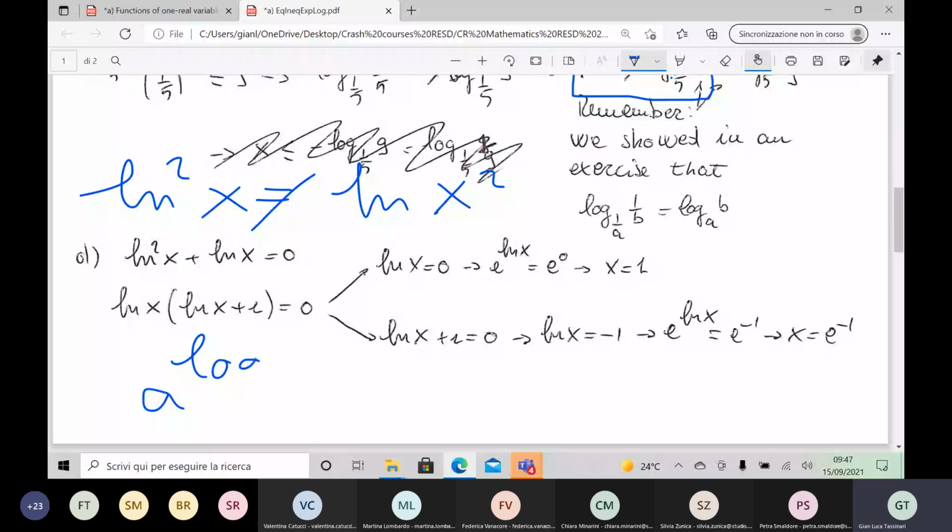So the trick is the following. When you have the logarithm of a variable and you want to solve an equation, apply the exponential transform of both sides. Before, when we had exponential equations and inequalities, we applied the logarithmic transform of both sides.